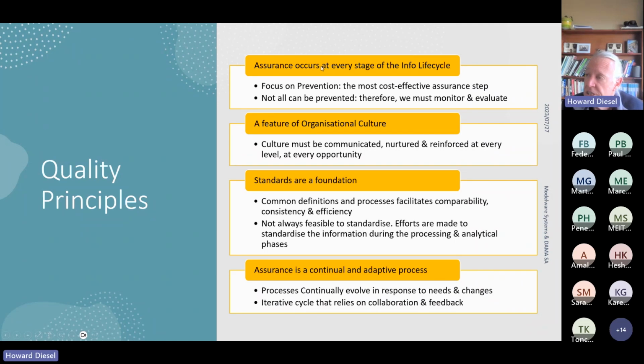Okay, so assurance occurs at every stage of the information lifecycle. They've built the information delivery lifecycle, and then they check it all the time. It's not just at the end, when I have a time series, and I ask, do I trust the time series? It's all the way through. I remember doing this with an economics department. They run through a whole lot of filtering of the data, removing the outliers.